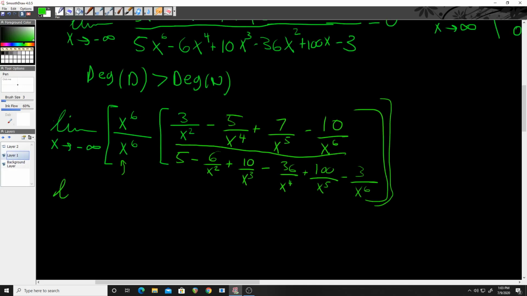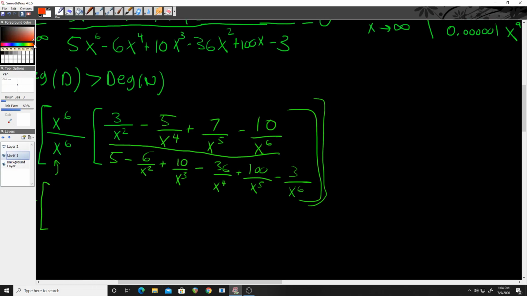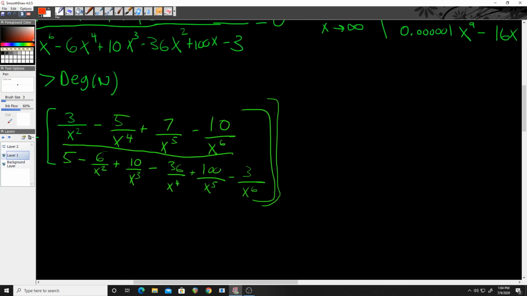So here we go. Limit as x approaches negative infinity. x to the 6 over itself, that's 1. All I'm left with is what's in this big parenthesis here. And before we continue, let's write down this one fact that we're going to use over and over again. And in AP Calculus, you may use this.